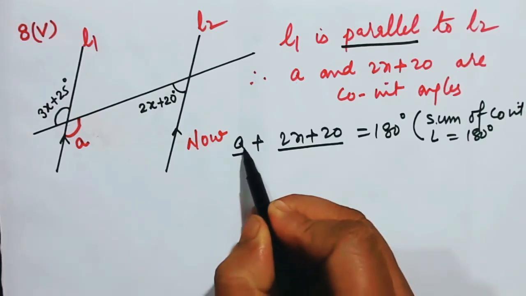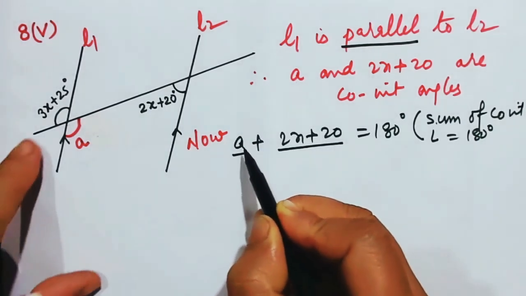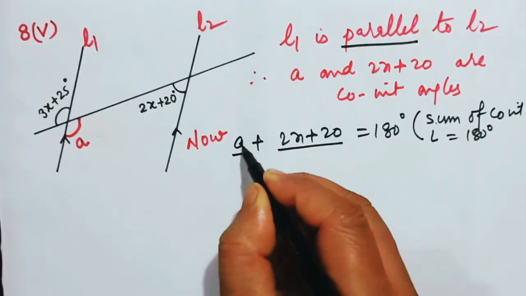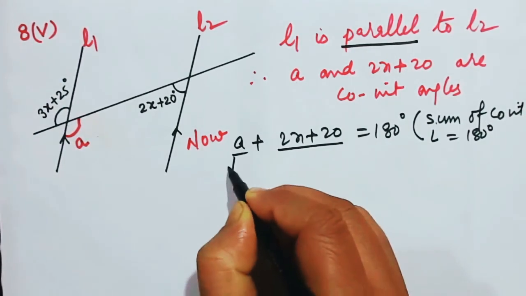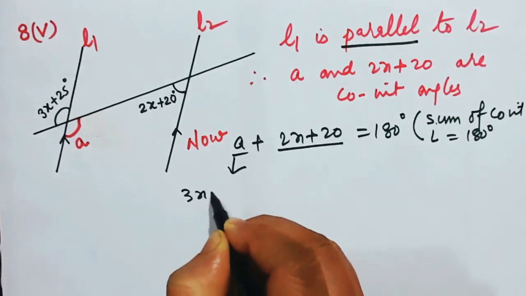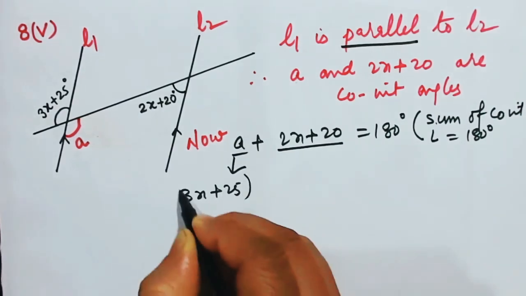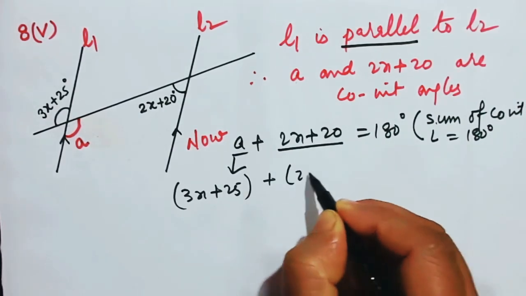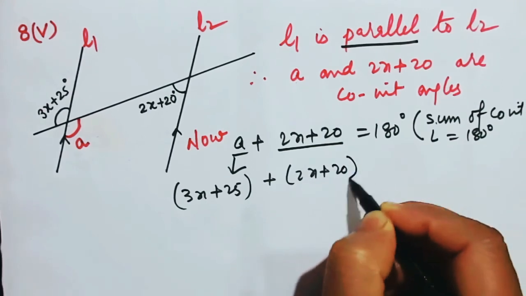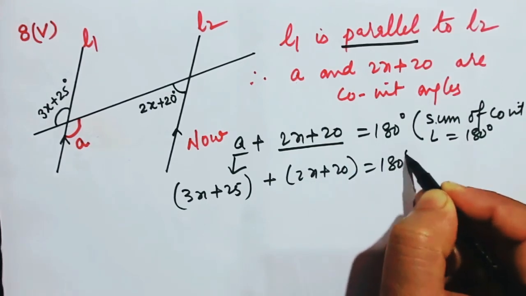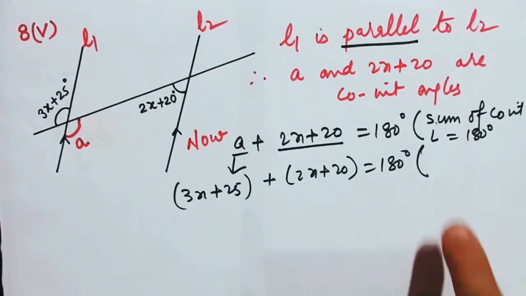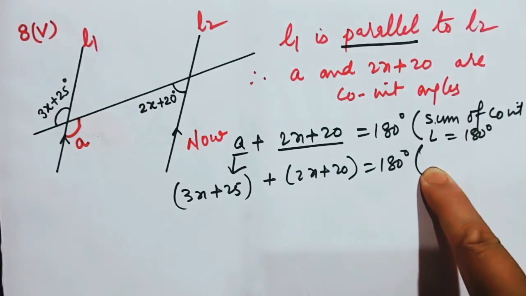Now, what is the value of A? A is equal to 3x plus 25. I am going to write A is equal to 3x plus 25 plus 2x plus 20 is equal to 180 degree. So you also have to write the reason for this.